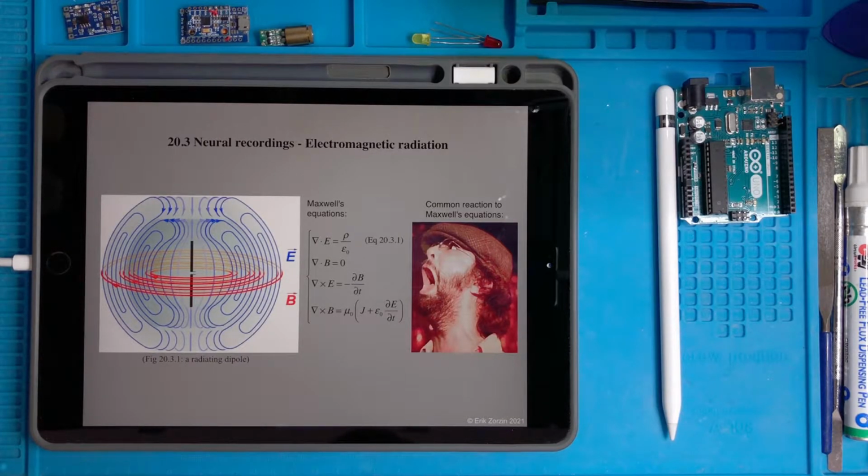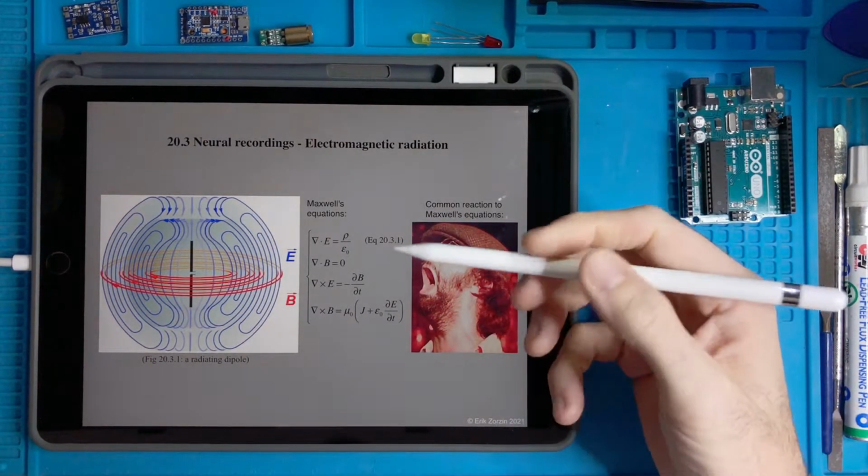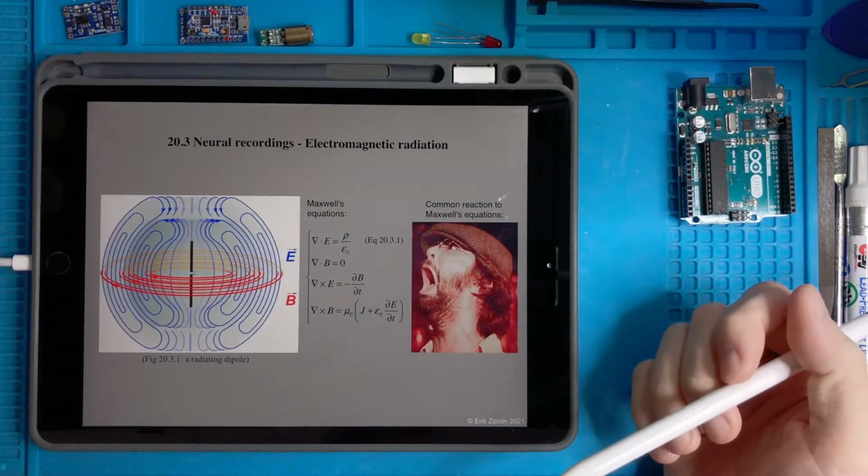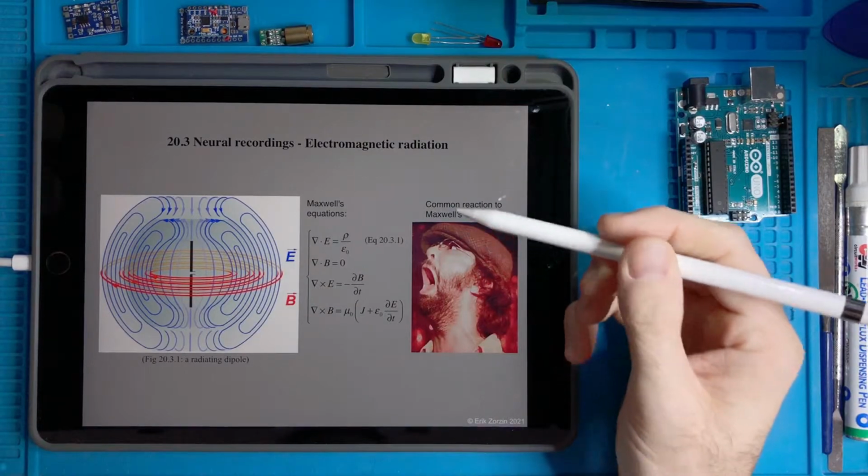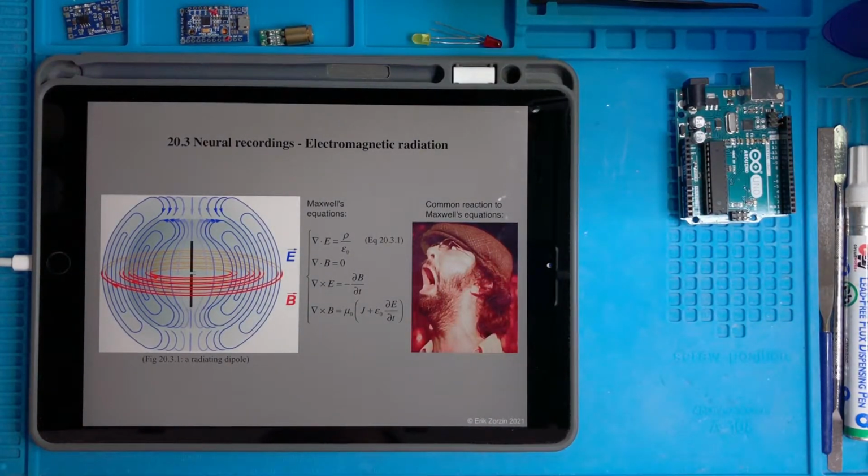Sometimes if people see this kind of equation, they say, well, what is this? Strange symbols. If you are a physicist, then you have a background on this, but not all of you might have it. So let's try to discuss a little bit the meaning of those equations, in order not to have this face anymore.